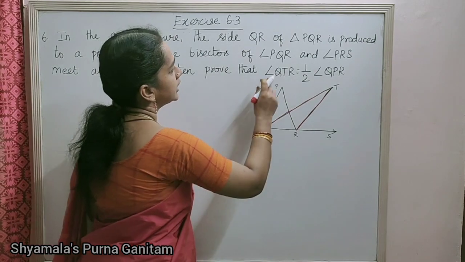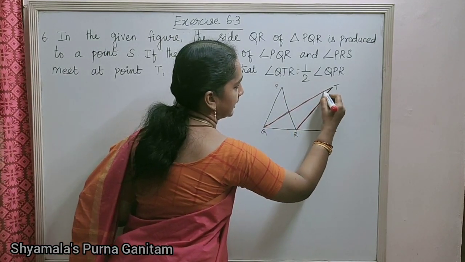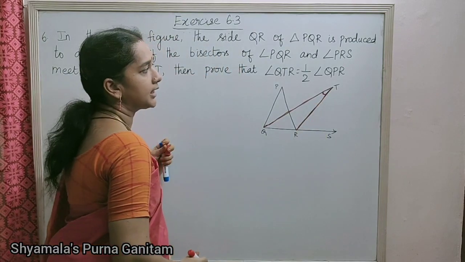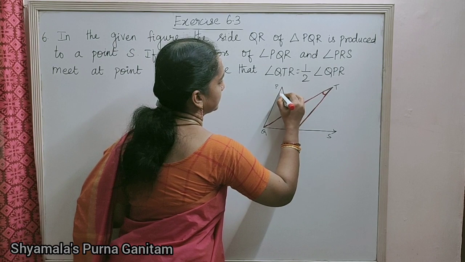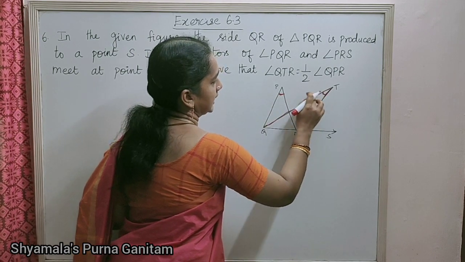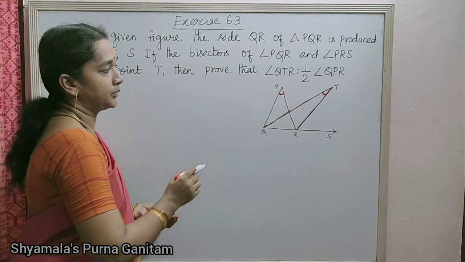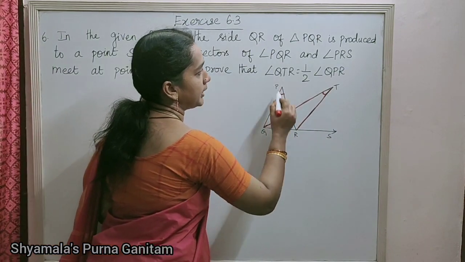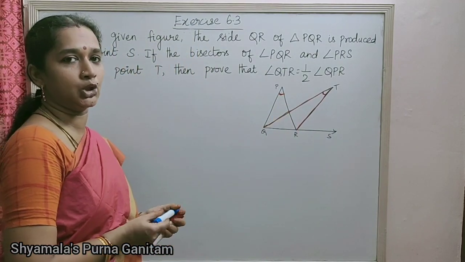Then prove that this angle QTR is equal to half of angle QPR. These two angles' relationship you are asked to prove.